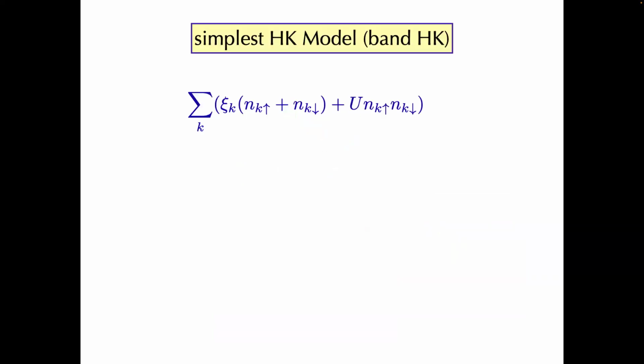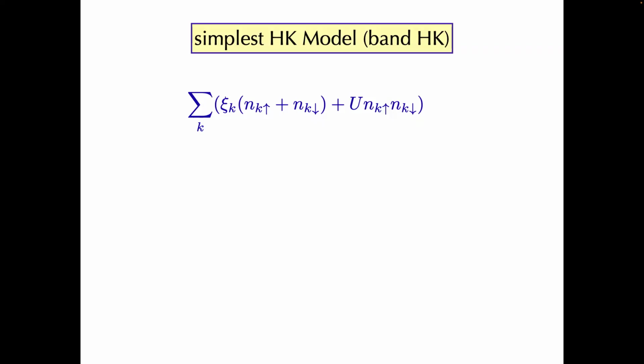Okay. So the simplest case of the Hatsugai-Kohmoto model is just anything that has a kinetic energy, where you just have the total particle density here. And then you have this term, which is a repulsion when you attempt to doubly occupy the same states in momentum space. But if you think about this, what this is doing is very, very simple.